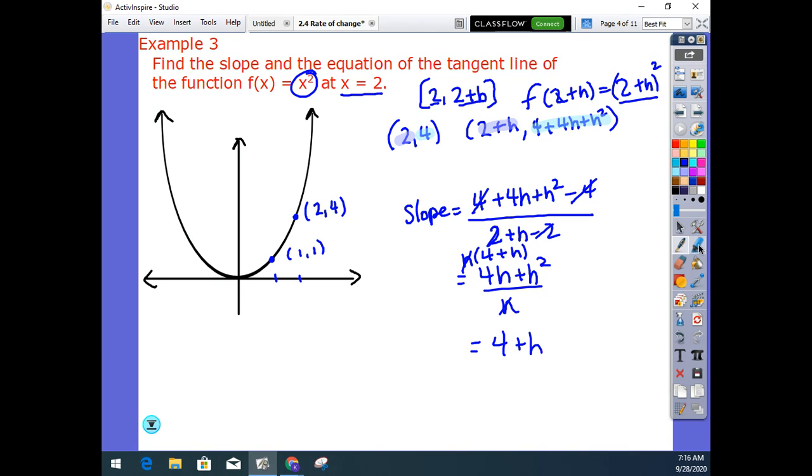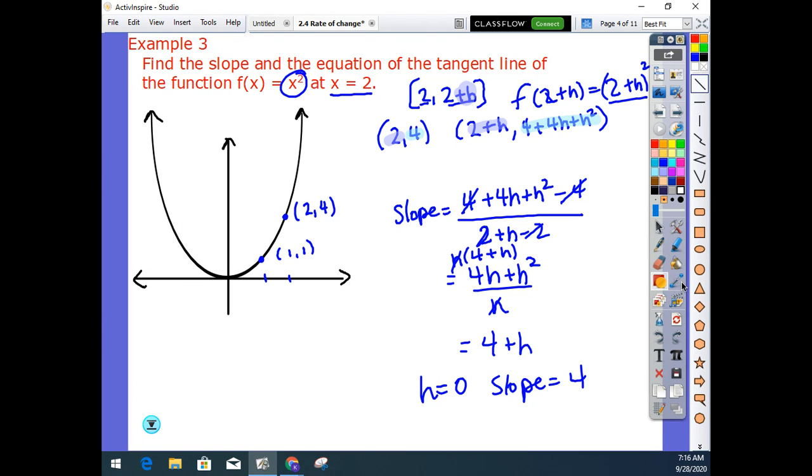Now, in order to make this exactly 2, h has to be 0, and it would be at exactly 2. When h equals 0, our slope is 4. So what that's saying is there's a tangent line at 2, and the slope of that tangent, think of it as that line butting up against the curve at that point.